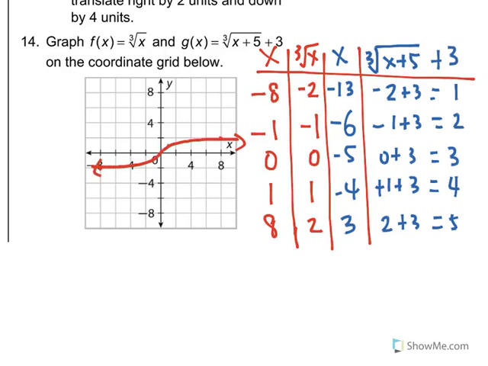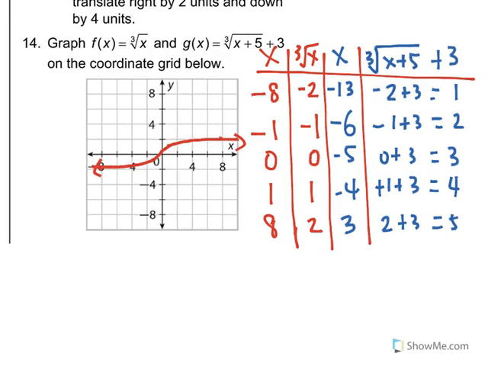The coordinates are -13, 1, which is way out here somewhere. And then we have -6, 2, which is there. And then we have -5, 3. And -4, 4. And then we have 3, 5, which is over here.